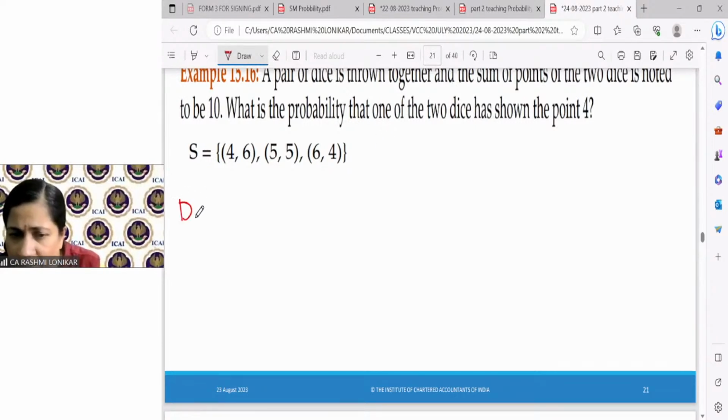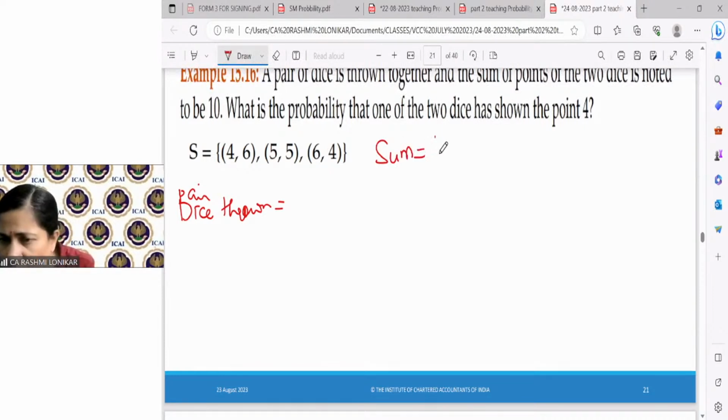So when a pair of dice is thrown, actually you can have a lot of outcomes, right? But what they're saying is the sum should be equal to 10.